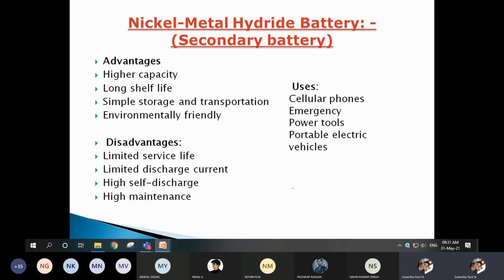Simple storage and simple transportation, and they are environmentally friendly. The disadvantages are limited service life and limited discharge current, meaning only 1.35 volts it liberates. It is a limitation. It cannot produce more than that. That is one disadvantage. And it has a high self discharge and high maintenance, and they are used in cellular phones, emergency lights, power tools, portable electric vehicles.